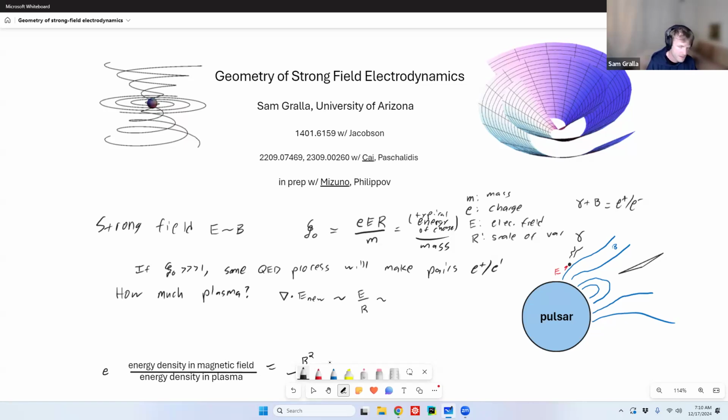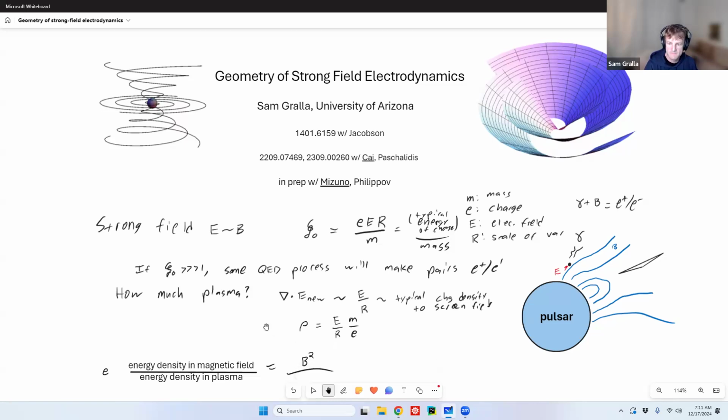So the typical rest mass density of the plasma is going to be rho is equal to this typical charge density, that density to screen the field. And then we just have to multiply by a mass to charge ratio to get the typical density of the plasma. So this mechanism not only produces plasma for you, it tells you what the typical plasma density is.